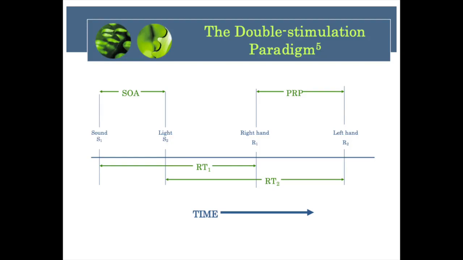And then you can see that there's the two reactions, and there's a reaction time between getting the sound, which is the first stimulus, and producing the first response. And then you see a second reaction time between getting the second stimulus, which is the light, and then producing the second response. The time between the two responses is called the psychological refractory period.